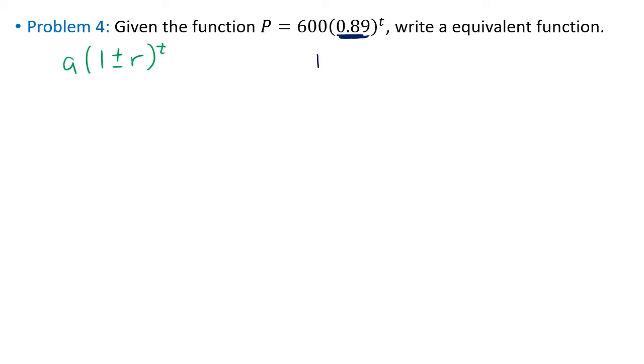That means this is a decay. So we need to be using the 1, the minus sign, and the r. A is still the 600, just like you would expect it to be. So you'd have 600 parentheses, 1 minus, because this is a decay, and then we got to figure out what the r is.